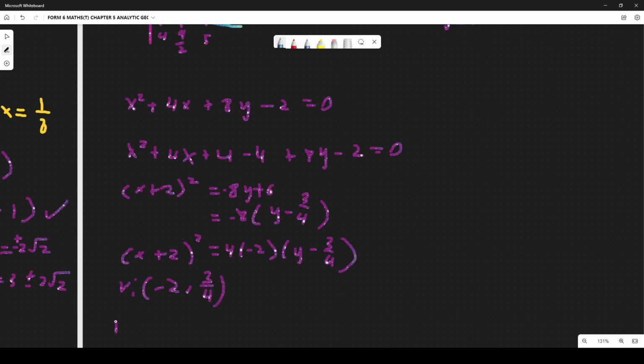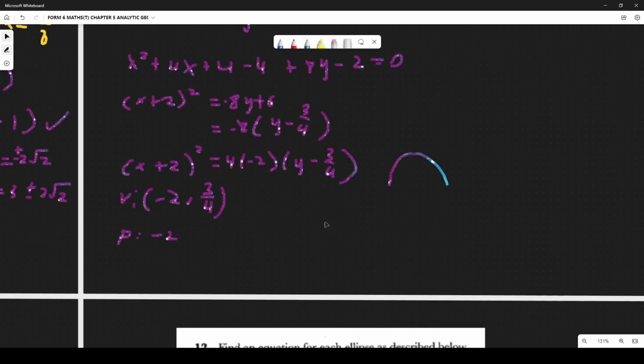Okay, to find the directrix, wait, before I try to find the directrix, find p. So what is p? p is negative 2. Since this is x squared, and it's negative, so it's going downward. Going downward means the focus should be down here, the directrix should be up.